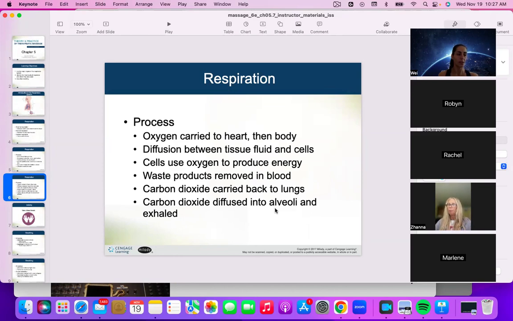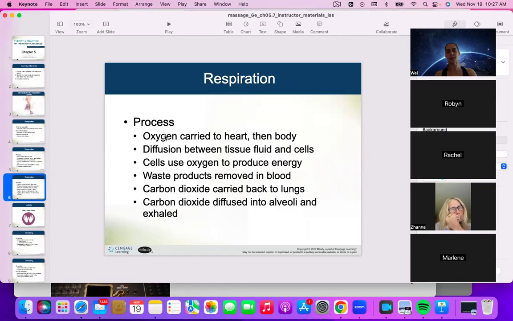Oxygenated blood is carried by red blood cells, and it goes back to the heart and then circulates through the body in the systemic circulation. Systemic circulation is the circulation that goes through the rest of the body. Remember, we have pulmonary circulation that happens between the lungs and the heart, and then we have systemic circulation that happens from the heart to the rest of the body.